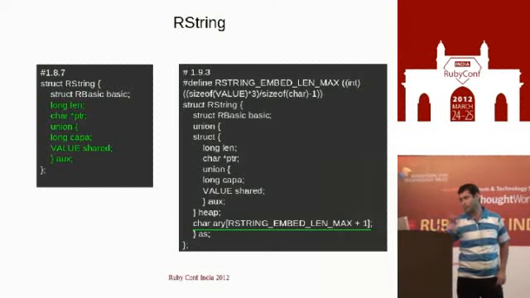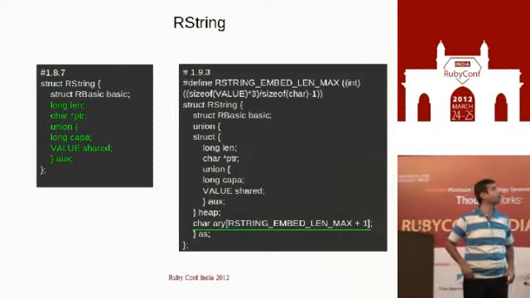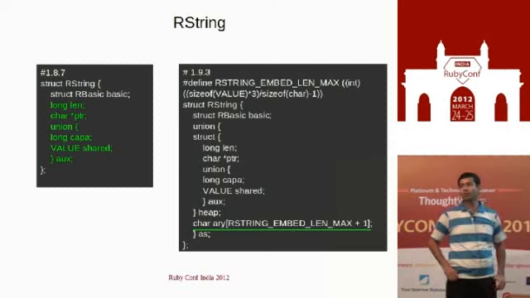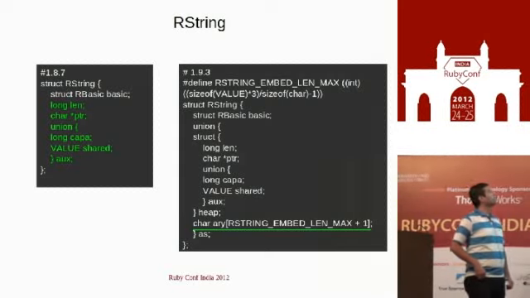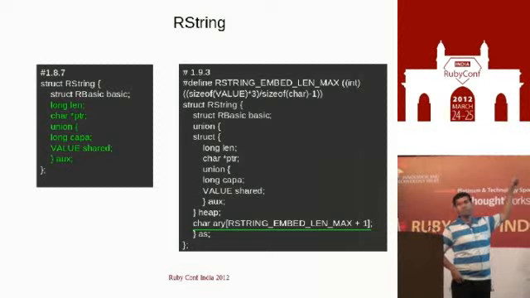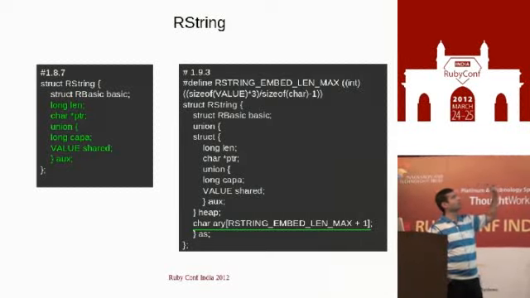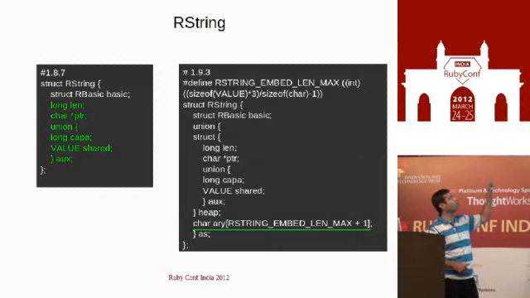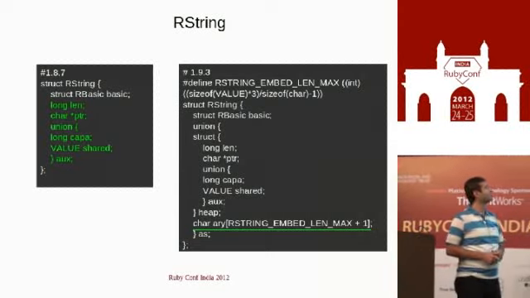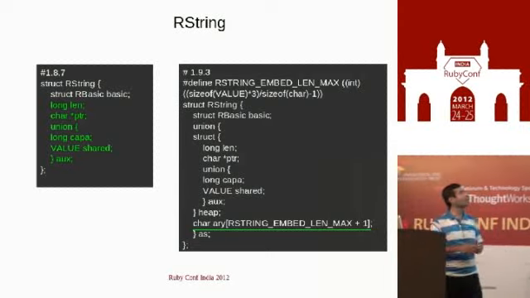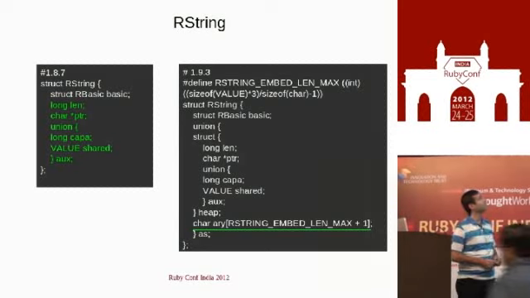This is the definition of the RString struct in Ruby 1.8.7. Again we have the struct RBasic. I would not repeat it, but it stores the flags and class members, and then we have the long len, the character pointer, and then a union of long capa and VALUE shared. It's clear from the variable names that len is the length of the string.